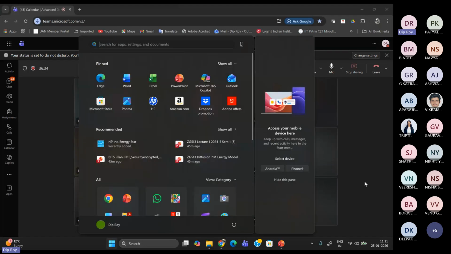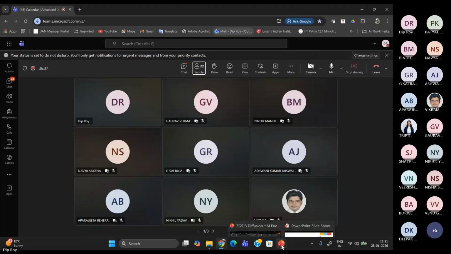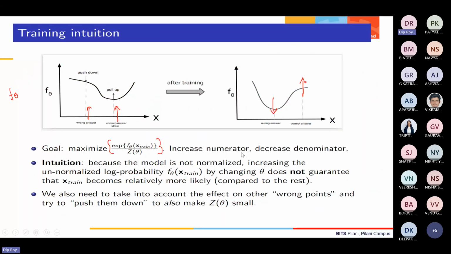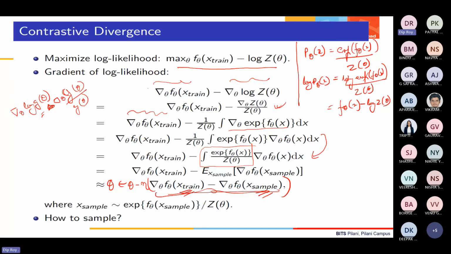So now we have talked a lot about all these things. Last time we were in this particular slide, which was contrastive divergence, a way for training what we call energy-based models.